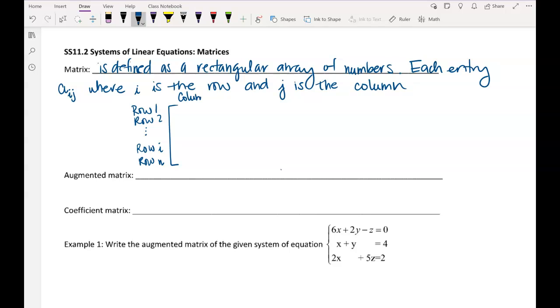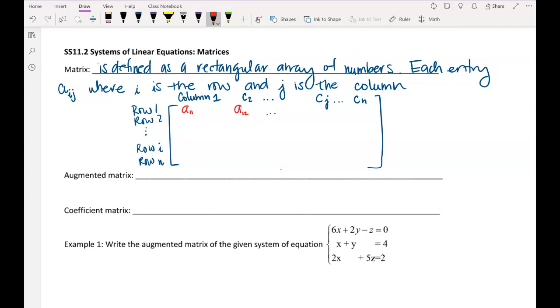So column 1, column 2, skip a few, let's say column J, and then column N, just like that, okay? All right, so if it's the first entry, that's row 1, column 1. So we write A11. Now row 1, column 2, so A12.